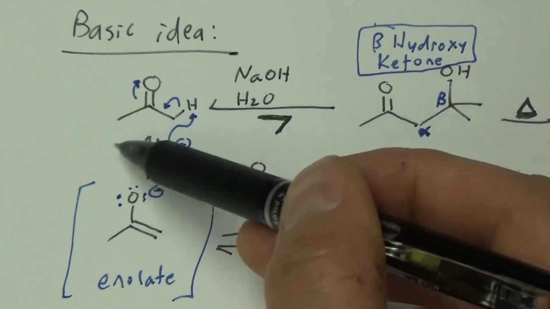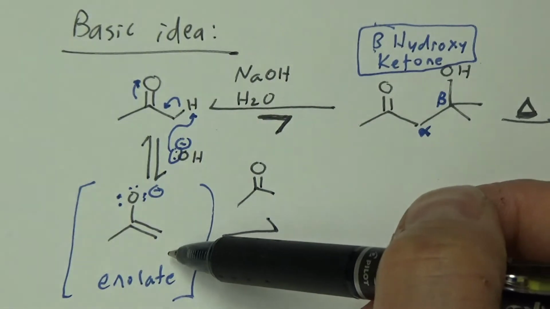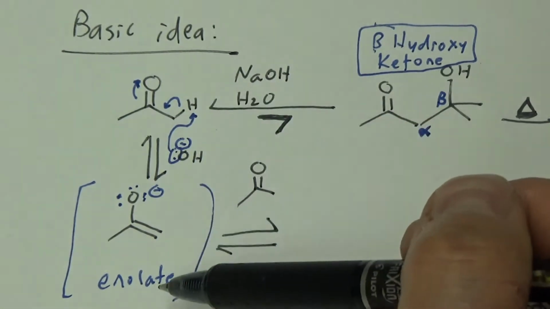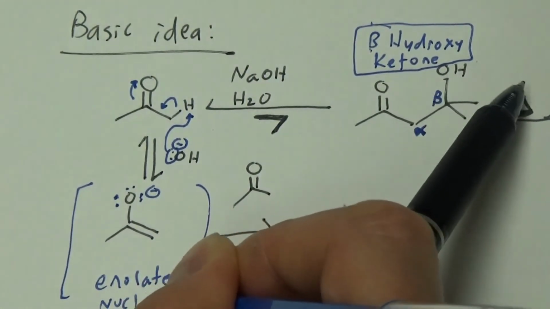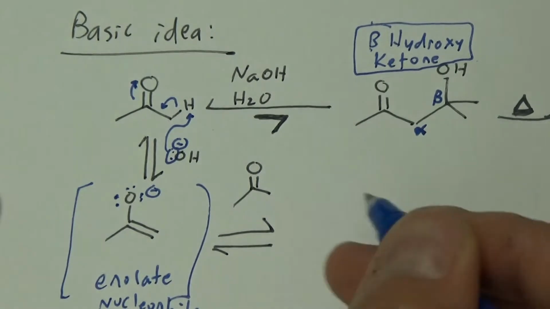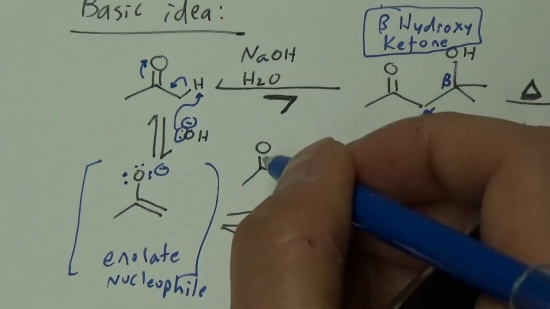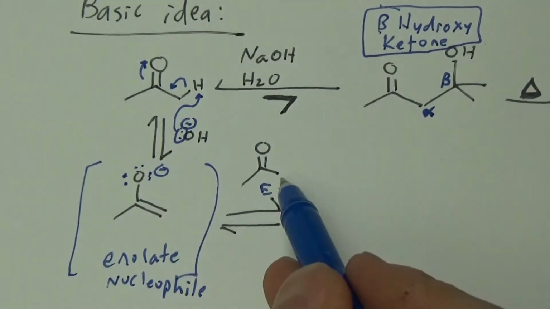Things attack ketones. We're turning a ketone into a nucleophile. We're turning an electrophile type thing into a nucleophile. Enolates are nucleophilic. And we're going to react it with more acetone, which is an electrophile, E+, right? This thing is a nucleophile, that thing is an electrophile.